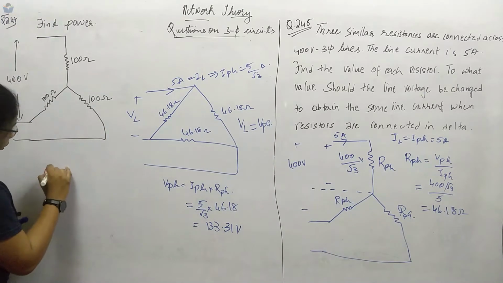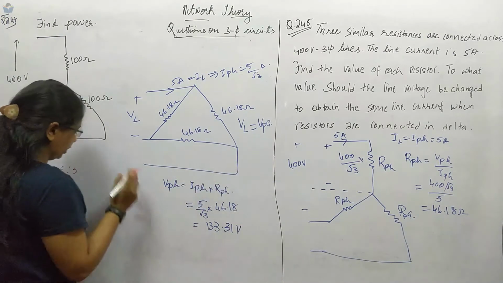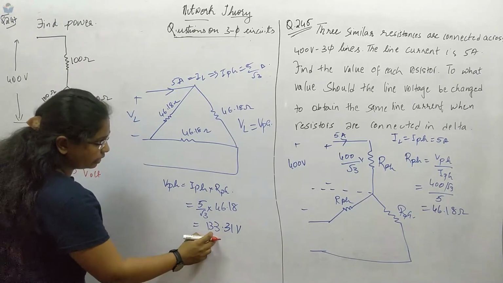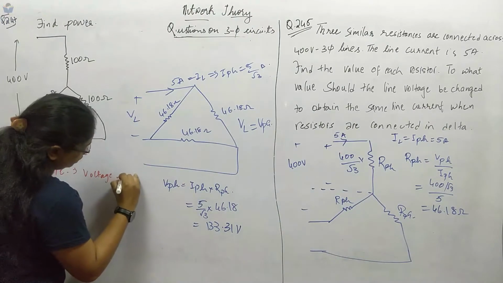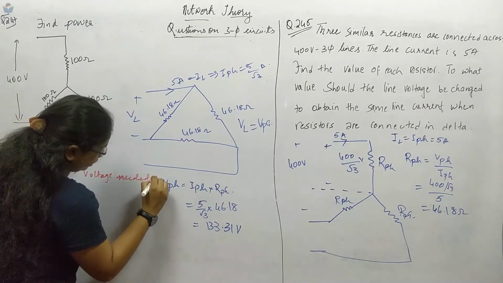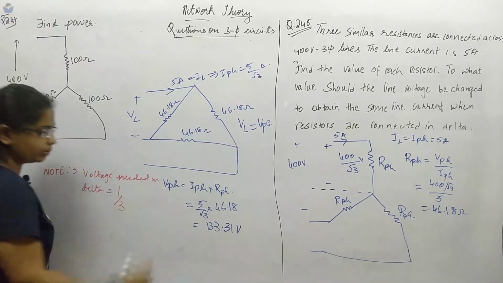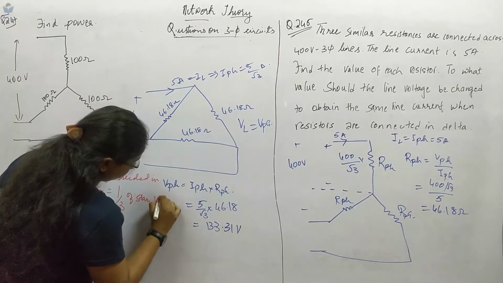Now there is an observation that we have to make. Take a note. This is the voltage in delta, and this is the voltage in star. So the voltage needed in delta will be equal to 1 by 3 times the star connected voltage.